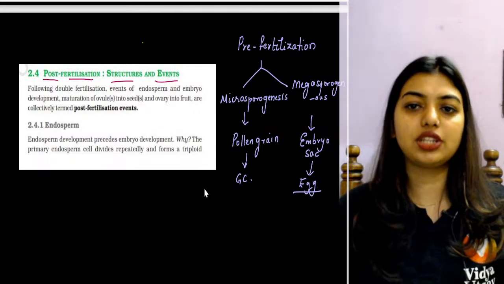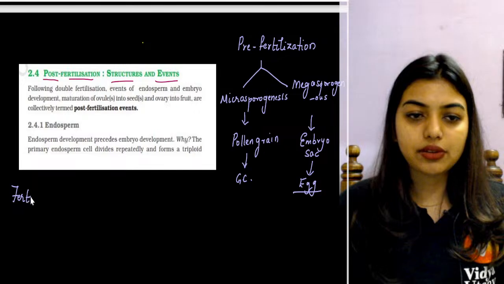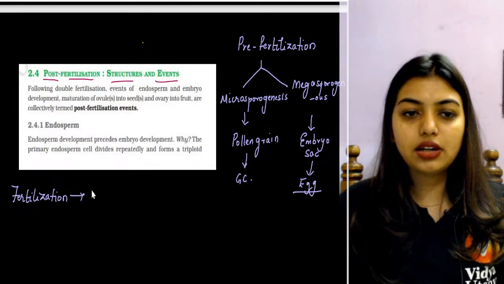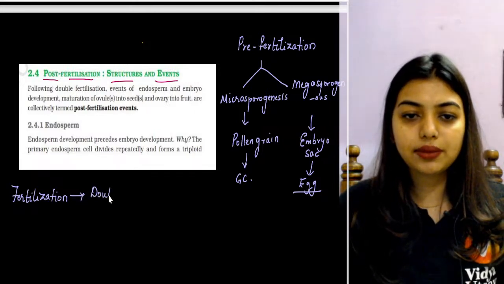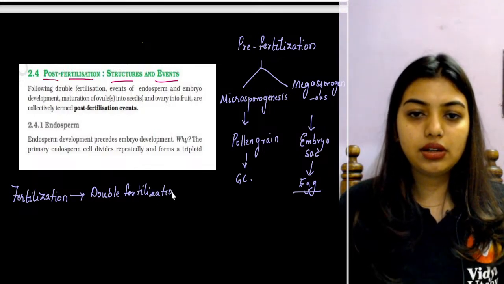Now the next event that we studied was fertilization. What all did we study? We learned about double fertilization. In between, we also learned outbreeding devices.